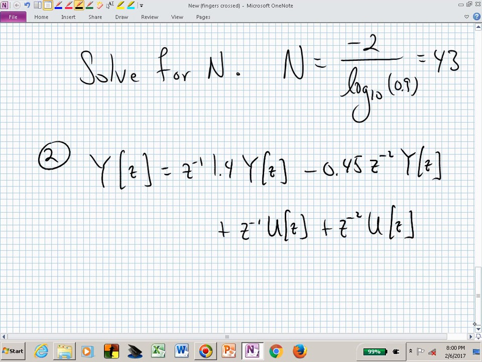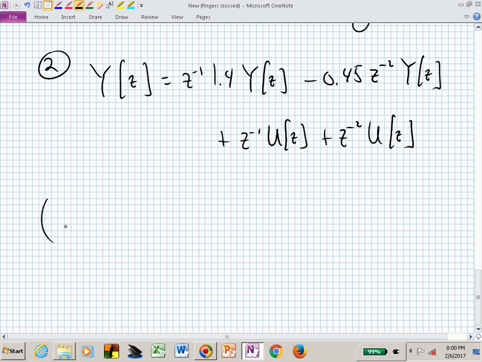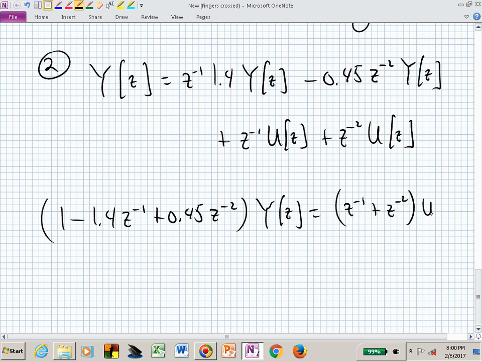We can factor out the y of z. We have (1 minus 1.4 z to the minus 1 plus 0.45 z to the minus 2) y of z equaling (z to the minus 1 plus z to the minus 2) u of z.